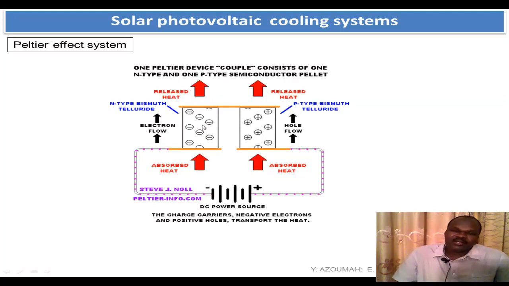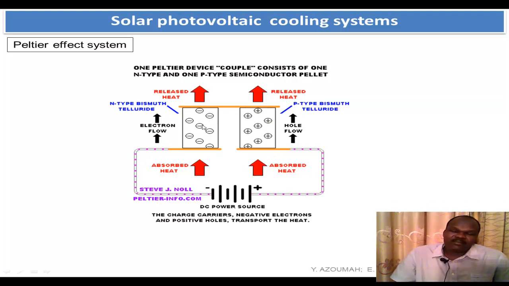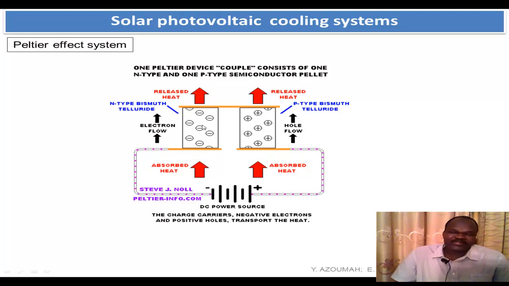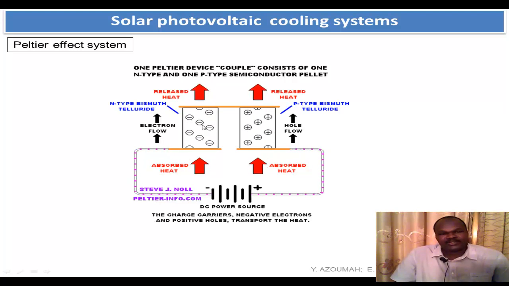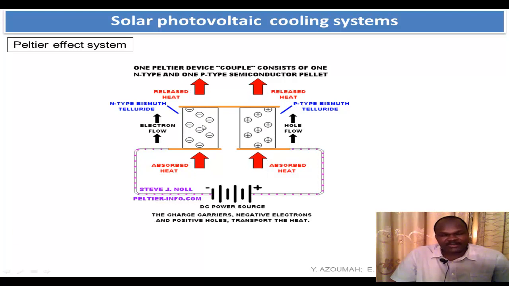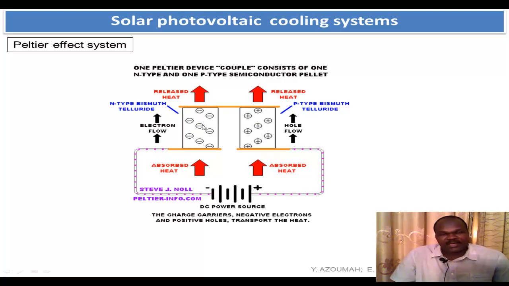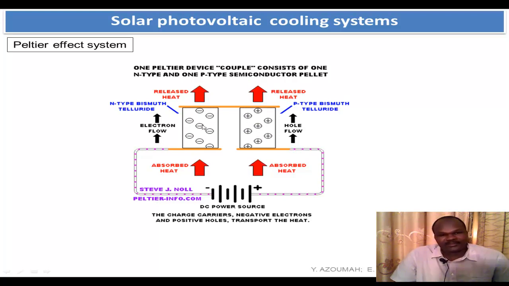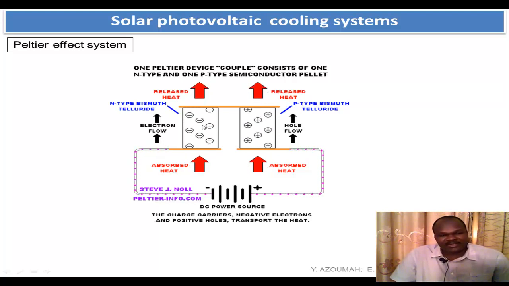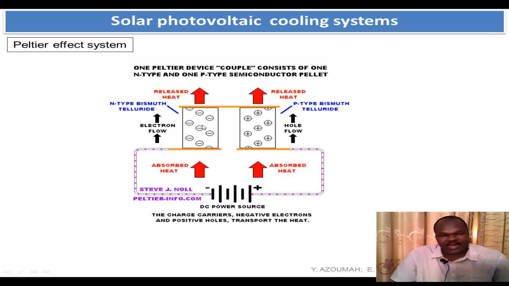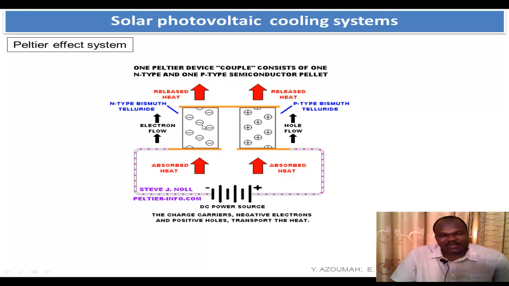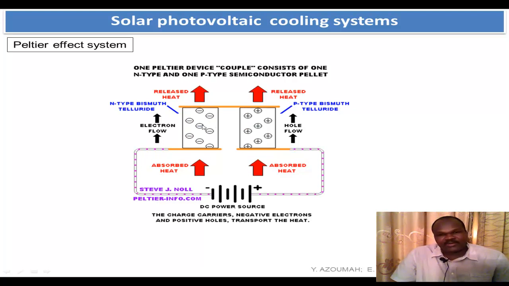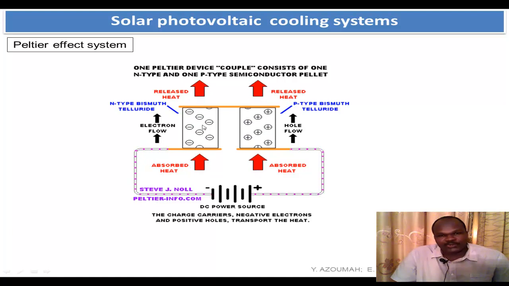And the other substances, you could remove some electrons out, so you get a positive or p-type semiconductor. So you have created an n-type and a p-type. One you added some electrons, the other one you have taken some electrons out. Where you have taken some electrons out, you have created some holes.